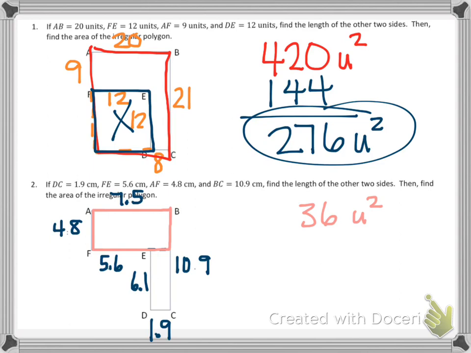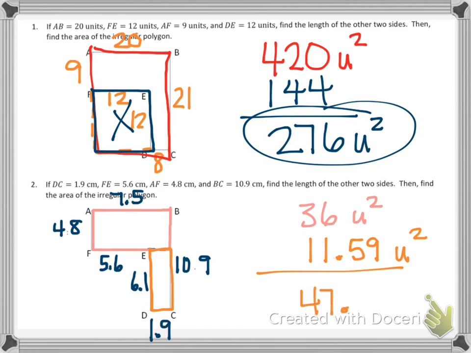The rectangle on the bottom is a 6.1 times 1.9 rectangle. 6.1 times 1.9 is 11.59 square units. And when I add those together, I get my total, which is going to be 47.59 square units. That's the area of that space. Okay, so there's number 2.